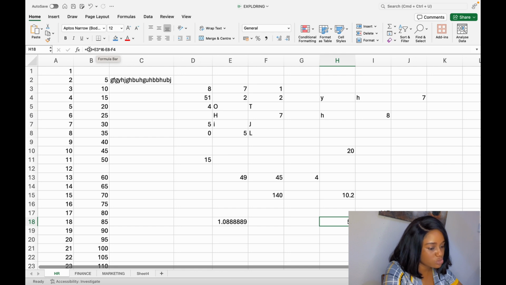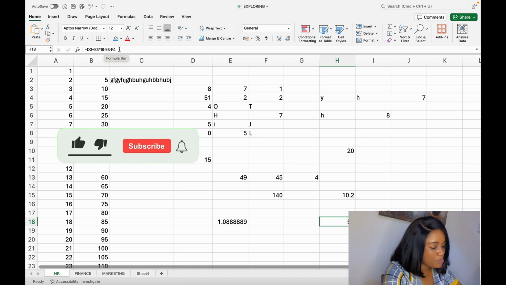Then it will come and add it to D3. Then subtract E8 from it, and then subtract F4 from it in that order. So when it comes to addition and subtraction, the first one takes the precedence. But when it comes to addition, multiplication, division, and all the different kinds of operators, then multiplication and division takes precedence over addition and subtraction. I hope you understand.